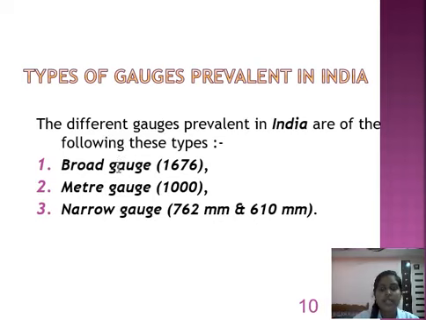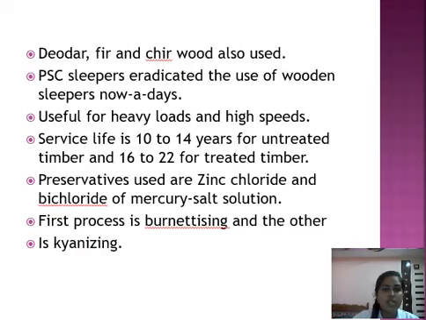Broad gauge is 1676 mm, meter gauge is 1000 mm, and narrow gauge is 762 mm and 610 mm. In meters, broad gauge is 1.676 meter, meter gauge is 1 meter, and narrow gauge is 0.762 meter. Narrow gauge is mostly used in hilly areas. So these are the different types of gauges.